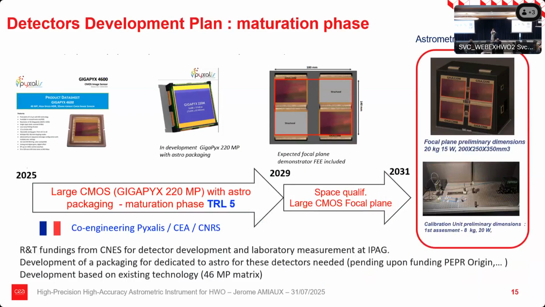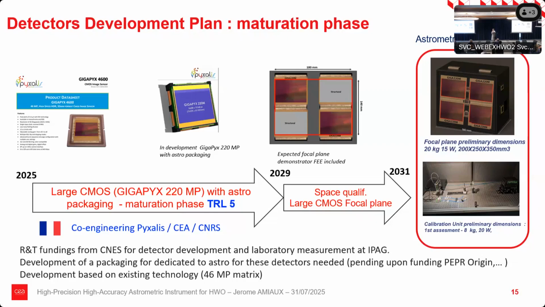It's a co-engineering between Pixelis, the industrial firm, CNRS and CEA, and it has been funded with our national agency CNES for R&T, for detector development and laboratory measurements. We also answered a call for bid for dedicated astro packaging, and we are waiting for this answer. And the development is based on this existing technology.